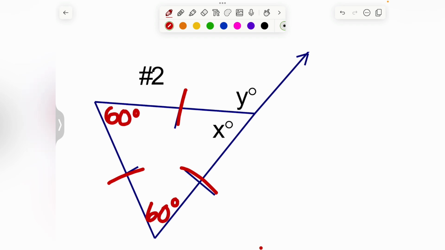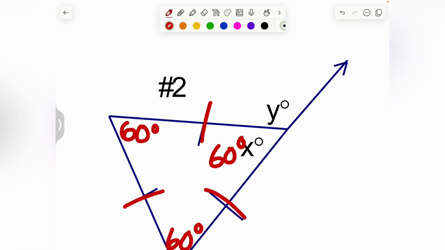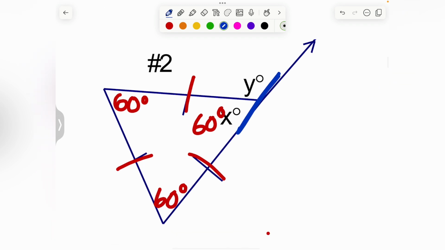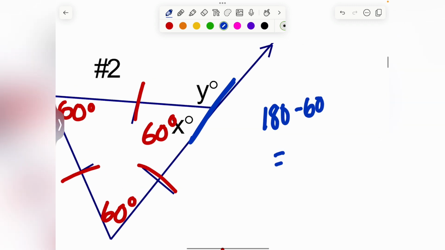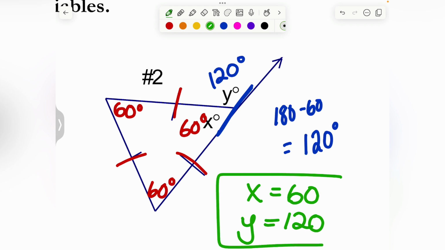So all the angles are 60, and they add to 180. And then since these form a straight line, I can do 180 minus 60 to get angle Y, which is 120 degrees. So X is 60 and Y is 120.